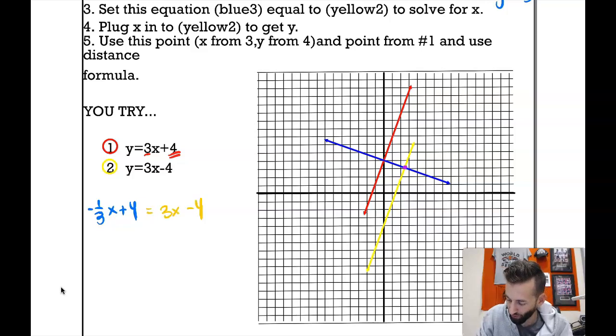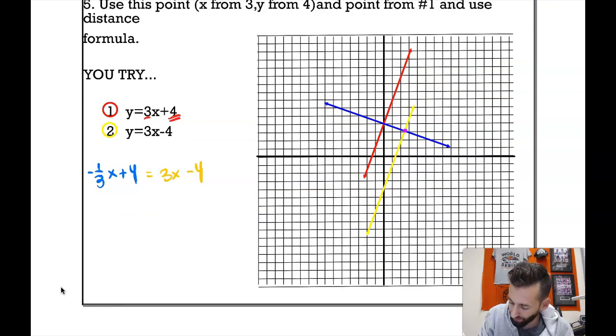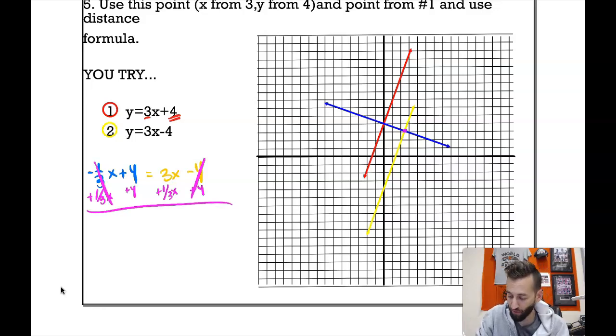3x minus 4. And this is how we figure out what is that coordinate. So on this one, what we're going to get, if I start to solve this, same kind of idea. I'm going to add 4 to both sides. And I'm going to add 1/3 to both sides. Okay, I put my x's together and my y's together.